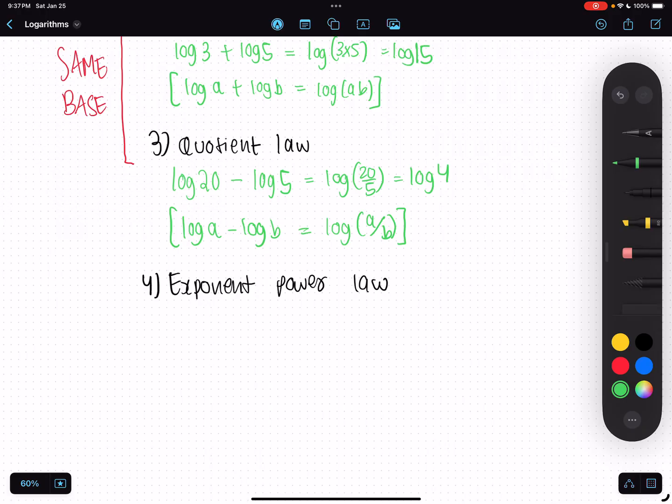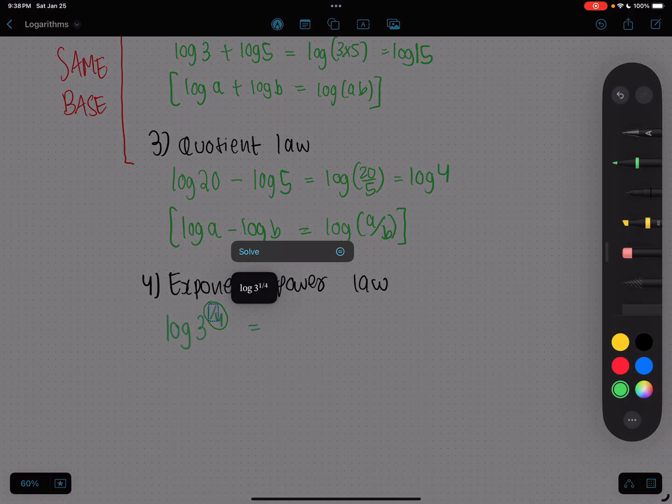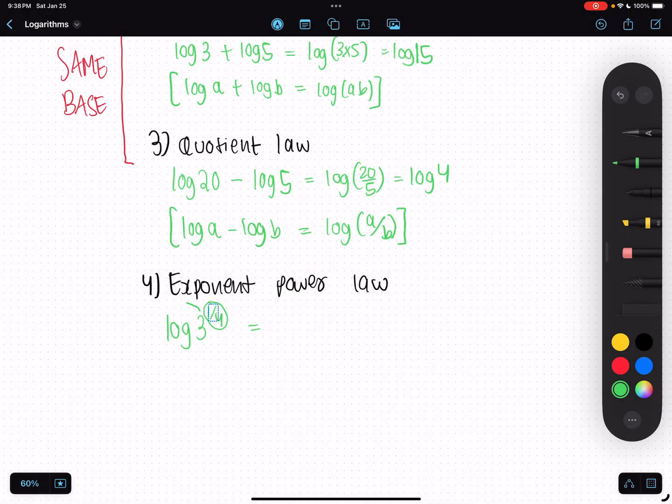So let's see. If we have, for example, log 3 to the power of 1 by 4. Now, what do we do with this? You see that we have an exponent, a power of 1 by 4. This exponent actually can just get moved right here and become a coefficient of the entire log.